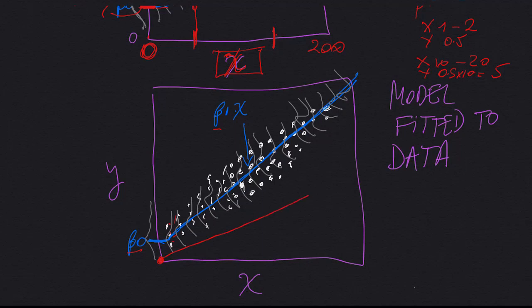So let's say if we do a line like this, let's say the beta 0 is here, and then the beta 1 indicates that the line goes like this, and then we expect values that are normally distributed around there. Sorry, my normal distributions are not very nice, but look at this.